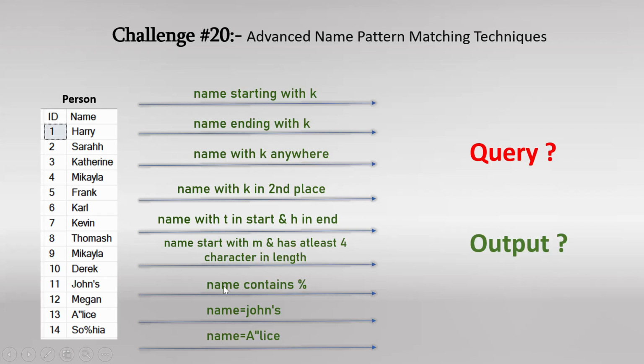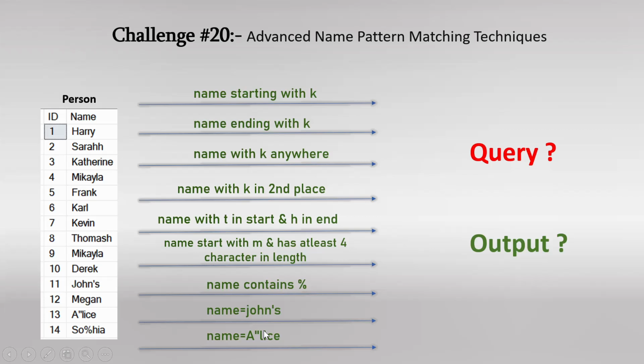Then we have names which contain the percentage character. Then we have to write a query to find a person with this name. Similarly, we have to write a query to find the person with this name. If you observe here, this name has a single quote character and this last name has a single quote character multiple times, in this case two.